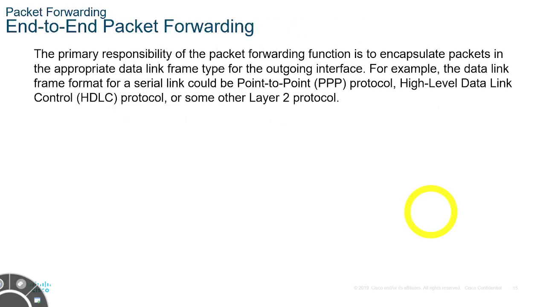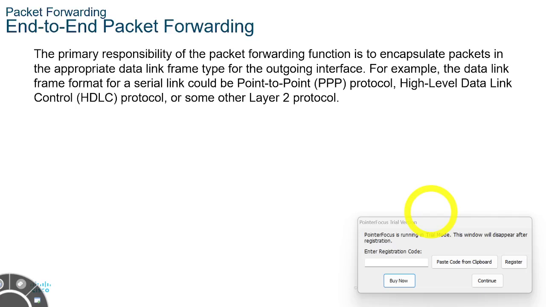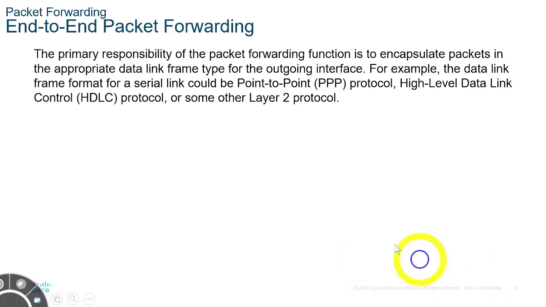End-to-end packet forwarding. The primary responsibility of the packet forwarding function, for sure, is to encapsulate packets in the appropriate data link frame type of the outgoing interface. For example, the router uses different interfaces, and the router could define at each interface a specific kind of protocol. So based on each interface type, the encapsulation should be different.